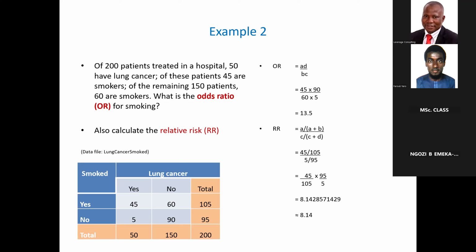You can be sure that this one is a smoker. They have recruited this one as a chain smoker, and this one is not a smoker. And you follow them up objectively, you know the people that develop lung cancer and the people that did not develop it. That is for cohort. That's when you calculate relative risk. Here the disease has occurred. You don't know how they got the disease. You are just asking, did you smoke?